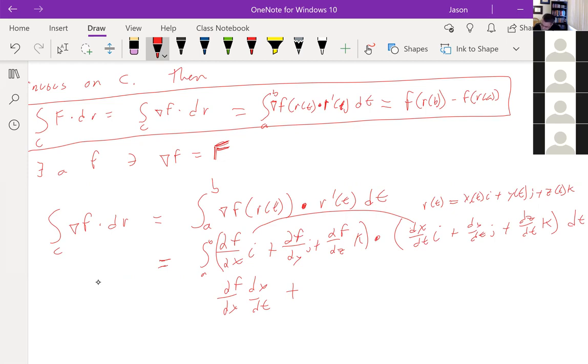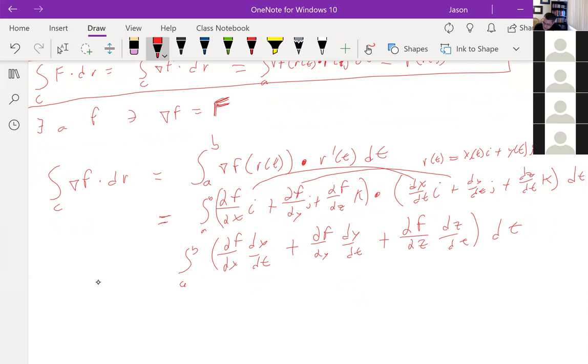Plus the partial of f with respect to y times dy dt, plus the partial of f with respect to z times dz dt. And then all of that goes from a to b with respect to t, dt.